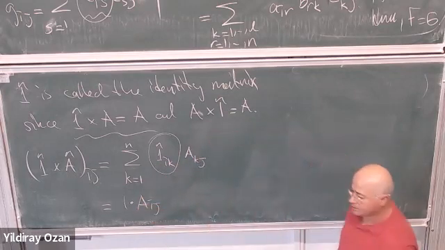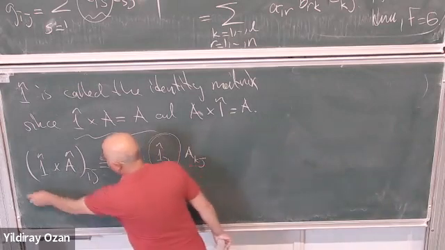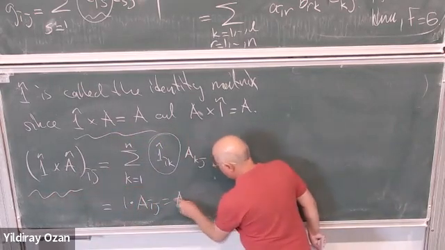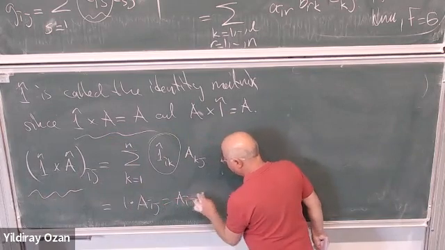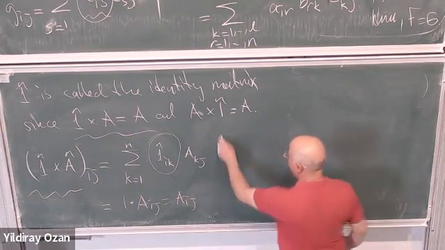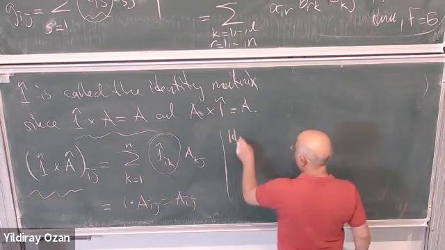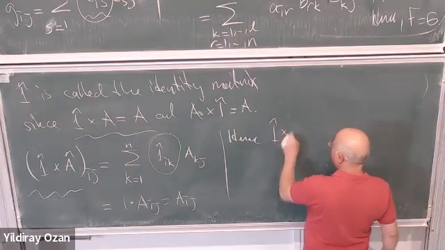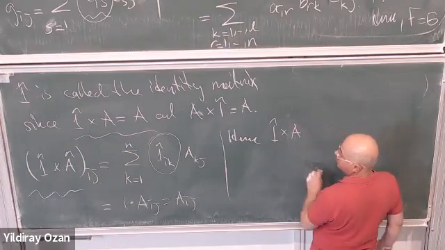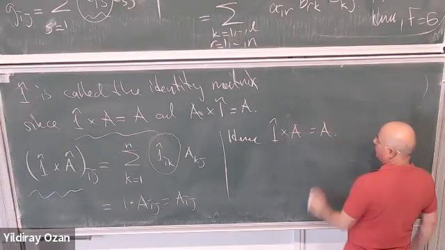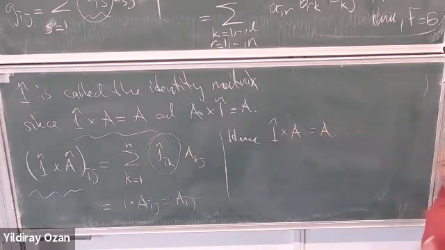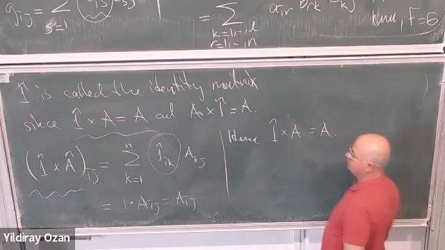So what we see is that the ijth element of this matrix is the ijth element of the matrix A. So this means, hence, I times A is A. Similarly, you can compute this and it will be A. That's why it is called the identity matrix.